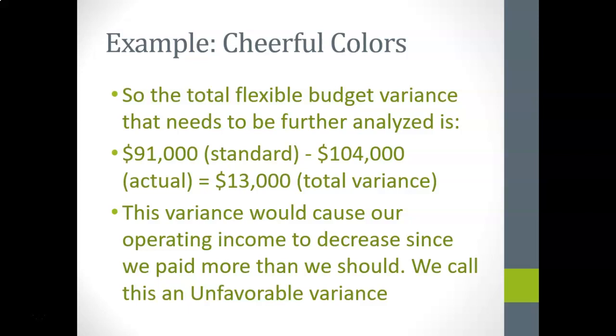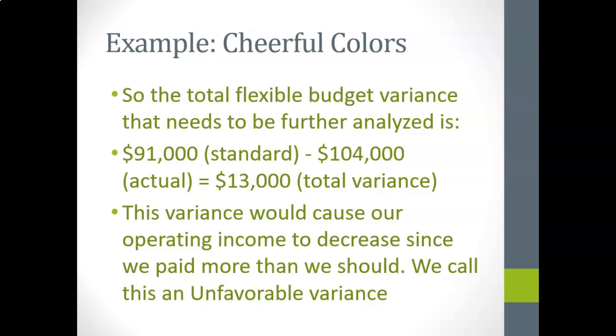So first we take a look at the total flexible budget variance. So we take the total standard for 52,000 boxes of crayons, which was $91,000. We subtract out the $104,000 that we actually spent for those 52,000 boxes of crayons. And that difference between $91,000 and $104,000 is $13,000.